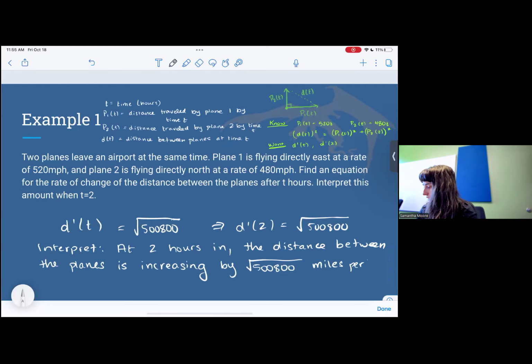Sort of instantaneously what the distance is changing by. Okay, so we have now answered the 2 questions that we were asked to answer.